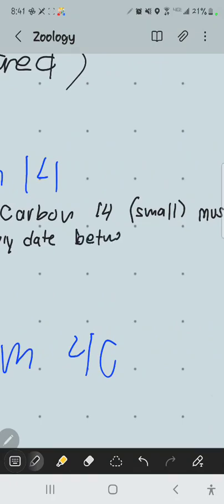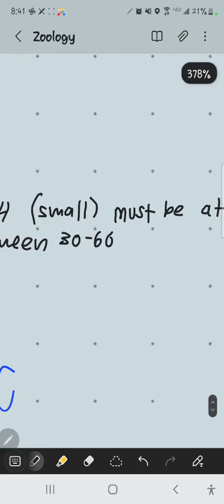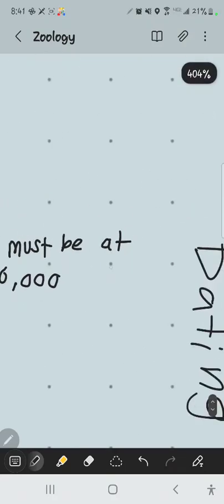And 10,000 generations, for a salamander, takes 10 to 20,000 years. So even a recent speciation event would be very, very difficult to evaluate using carbon-14 dating.